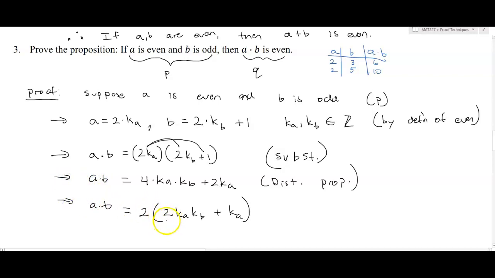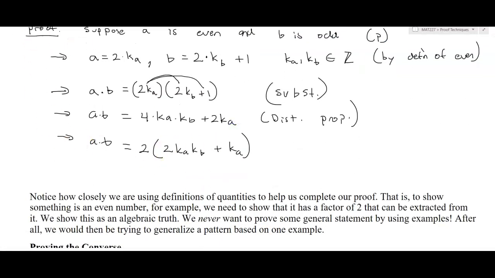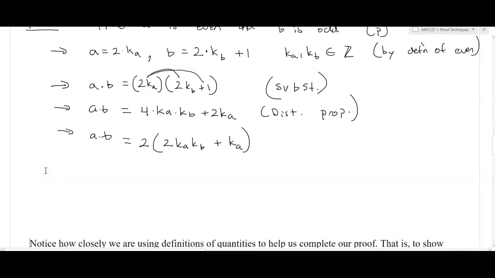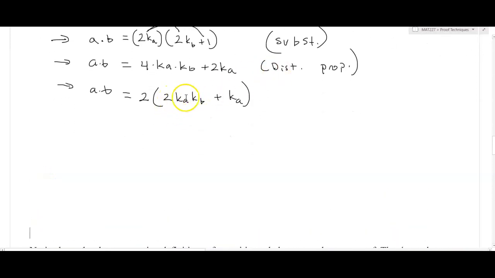But this stuff in here, this is what concerns us, right? Because that doesn't look like just 2 times some integer, it looks like 2 times some crazy multiplication and addition. But here's the thing. By the closure property, we already have established that if you multiply integers together, you get integers. And so 2 times Ka, well, that's 2 times an integer, which is an integer.